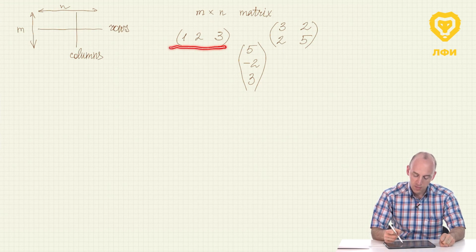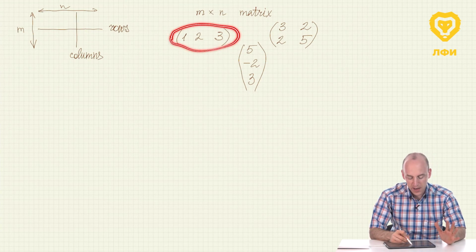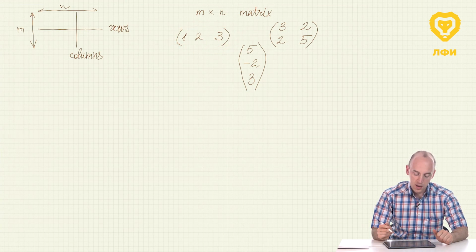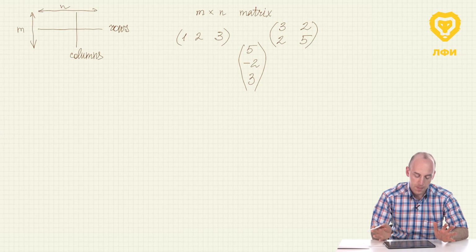The two forms of writing it down, a row form and a column form, contain the same amount of information. And at the same time, when one writes the row notation, it occupies less space, and that's why sometimes one uses this notation instead of columns.